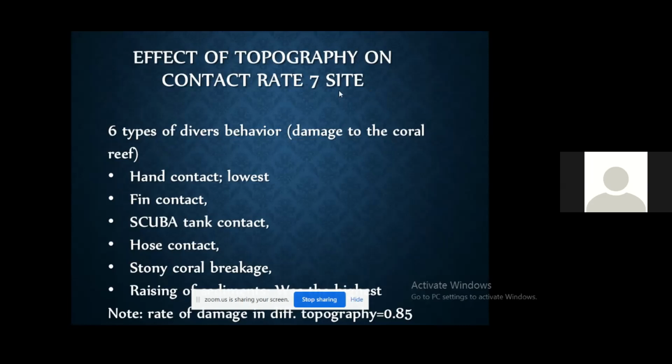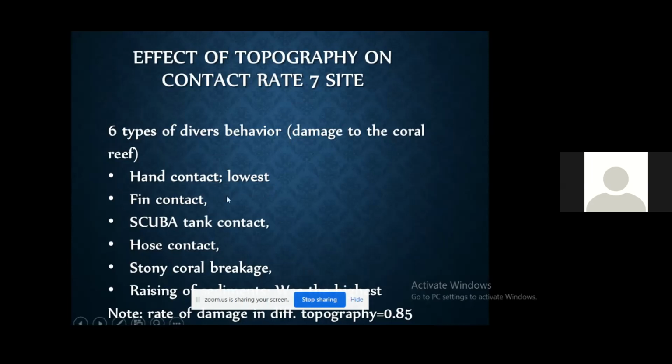Diver behavior was examined for 10 minutes, and 6 types of diver behavior toward coral reefs were observed. The lowest recorded was hand contact, and the highest was the raising of sediments.